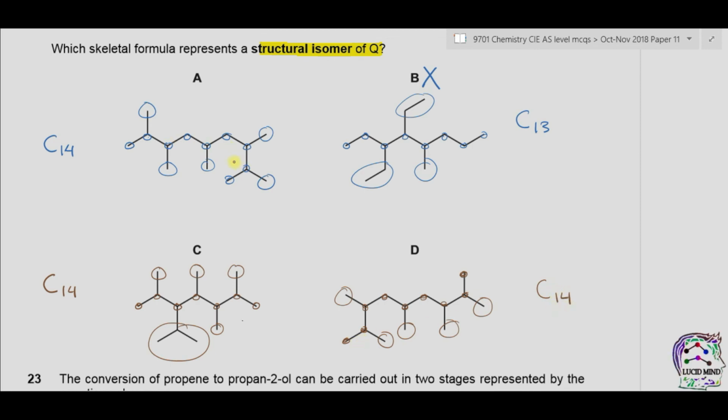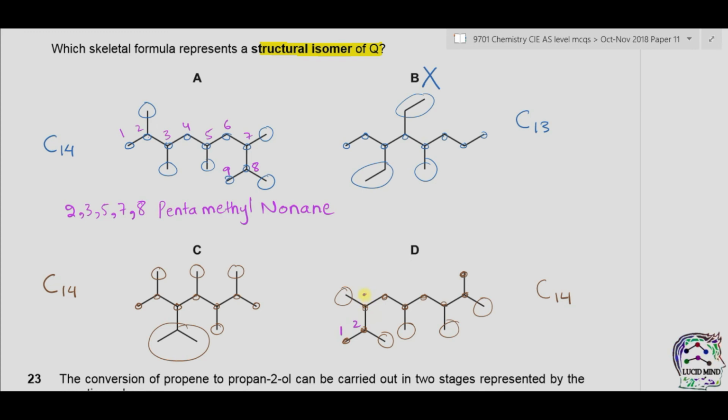Let's find out the name of structure A. We have substituents on 2nd, 3rd, 5th, 7th and 8th carbon. In total we have 5 methyl groups, so it is pentamethyl. And in the long chain we have 9 carbon atoms, so it is nonane. Similarly for D, we can name this.